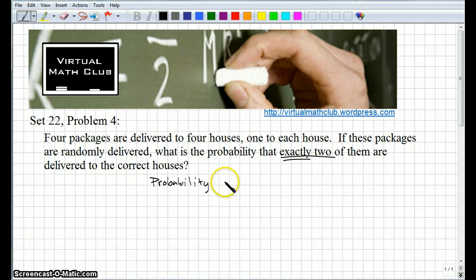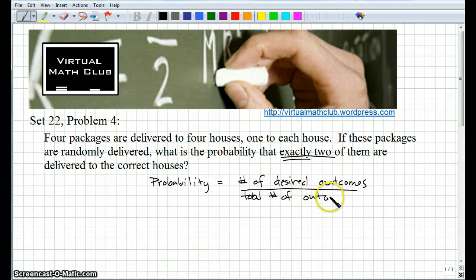Probability is the number of desired outcomes over the total number of outcomes. So let's start with the denominator, the total number of outcomes.